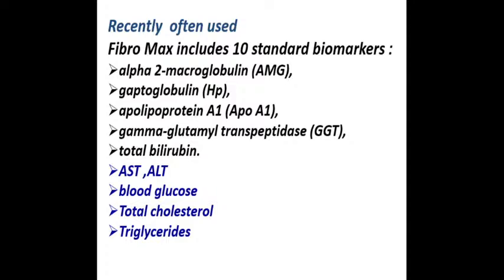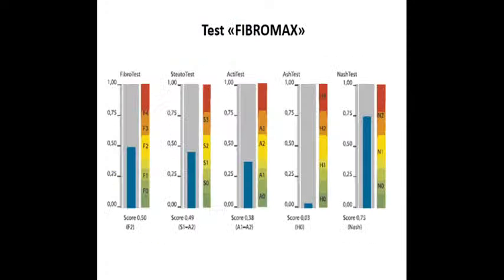Recently, FibroMax is often used. This test includes 10 standard biomarkers: alpha-2 macroglobulin, haptoglobin, apolipoprotein, gamma-glutamyl transpeptidase, and also bilirubin, transaminases, glucose, cholesterol, and triglycerides.